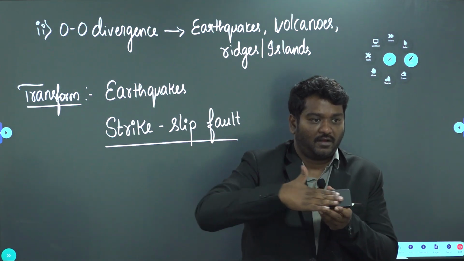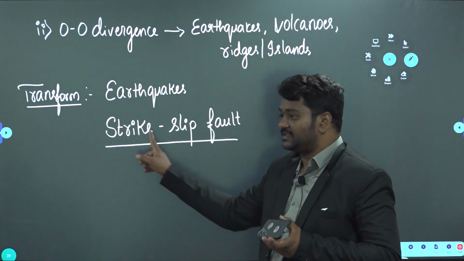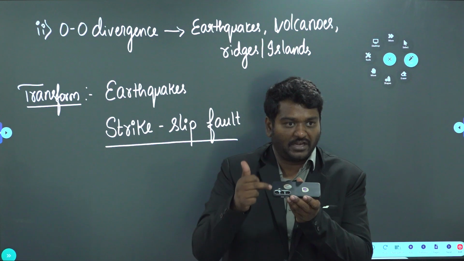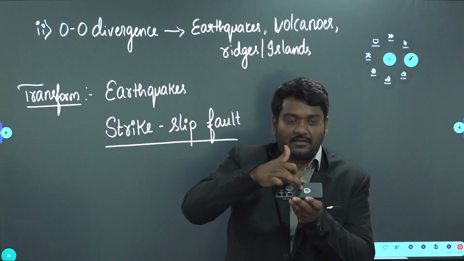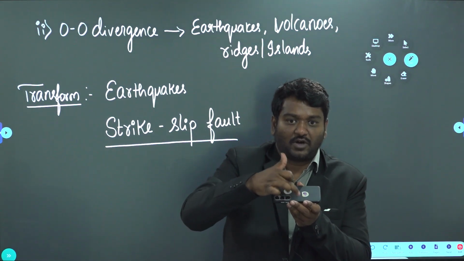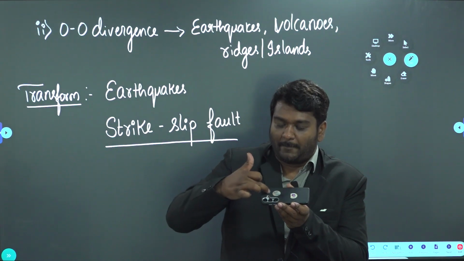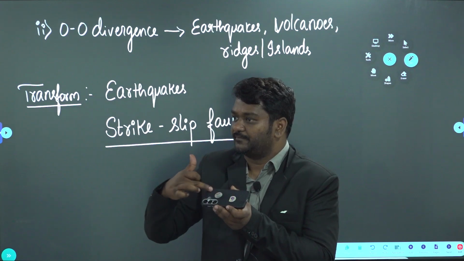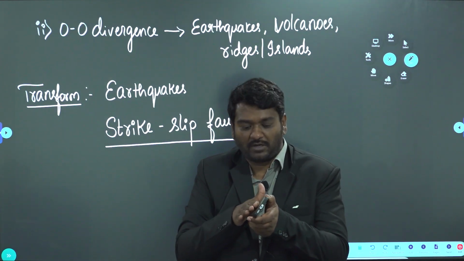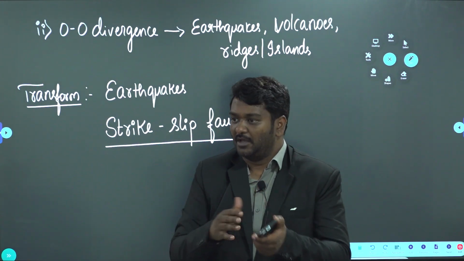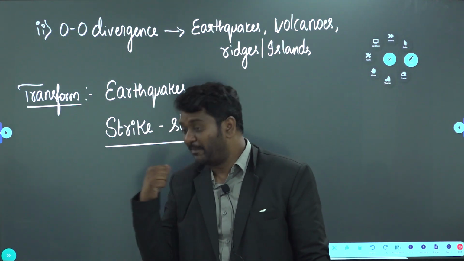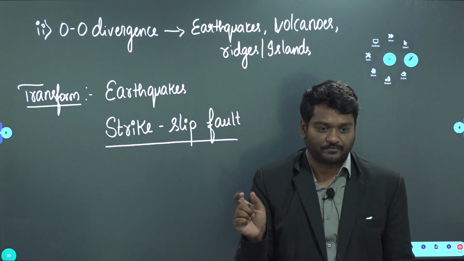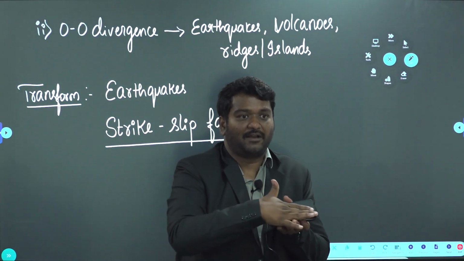Horizontal movement is called as strike. So for a slope anywhere where the slope is present, that is called dip. Perpendicular line will be called as strike. Transform boundary is what? Strike, slip. So what is it? Myanmar earthquake is strike, slip, fault. Okay, and it is parallel.